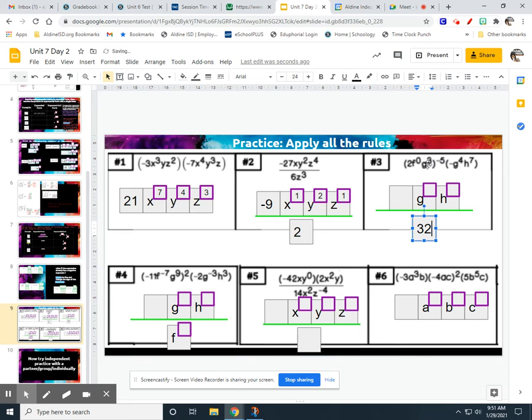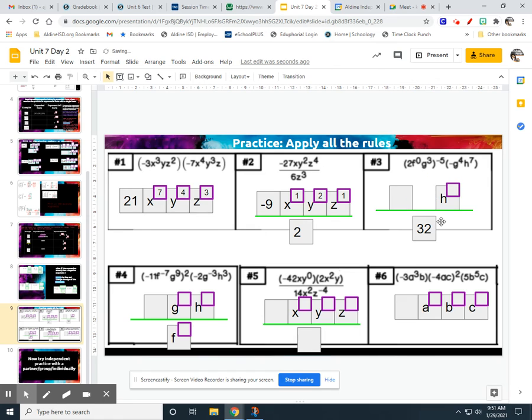All right, this is negative 15. So that means it's going to go to the bottom. Maybe I should have taken this and put it down here, because that's going to give us 15.